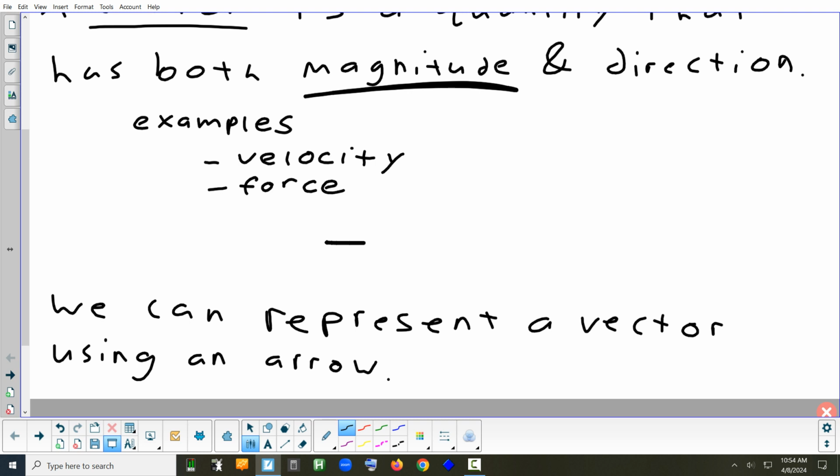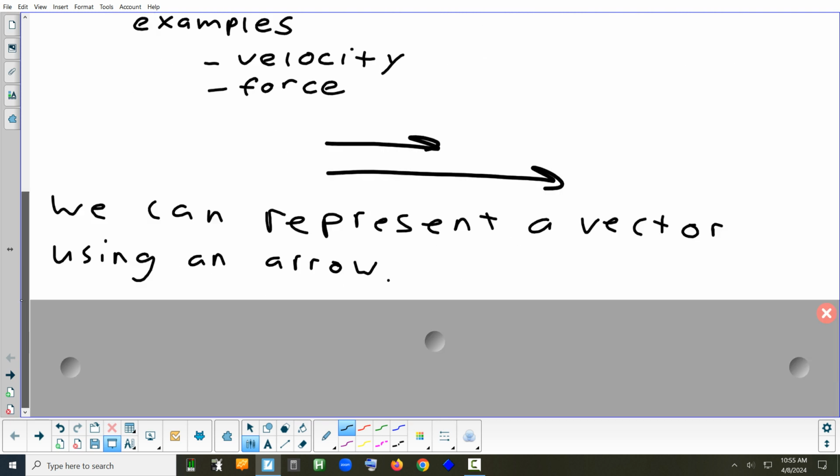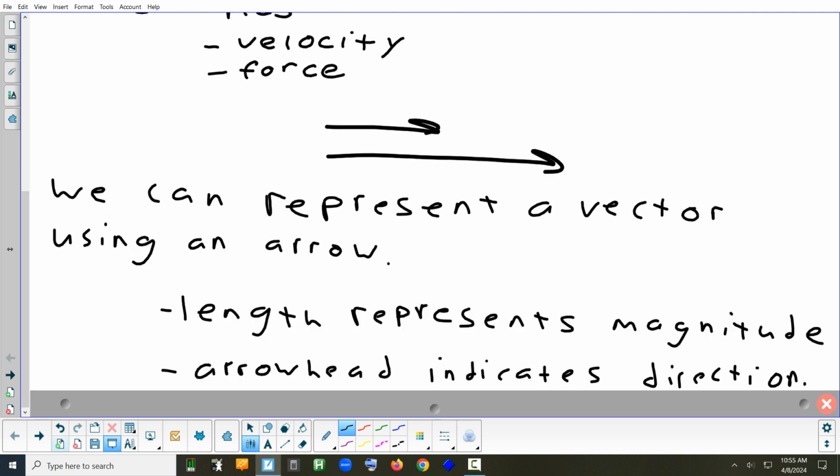So these two vectors have the exact same direction, but one of them is longer than the other, which means if it's a velocity, the bottom one is going faster, or if it's a force, it's stronger. So the length of the arrow indicates the magnitude, and the direction that it's pointing, well, that's the direction.